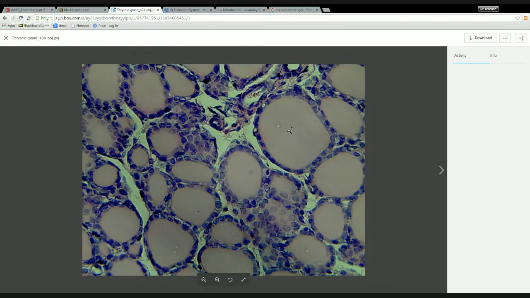This big lipid deposit and the cells that are surrounding it collectively are called a thyroid follicle. The cells are called follicular cells because they're part of the follicle. And they're responsible for making and secreting the thyroid hormones T3 and T4.